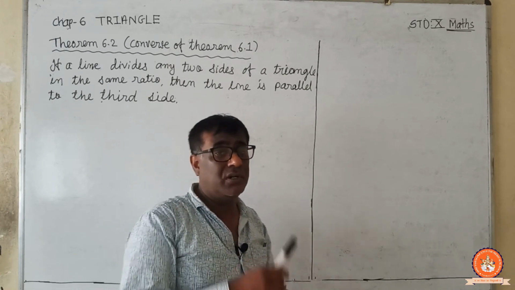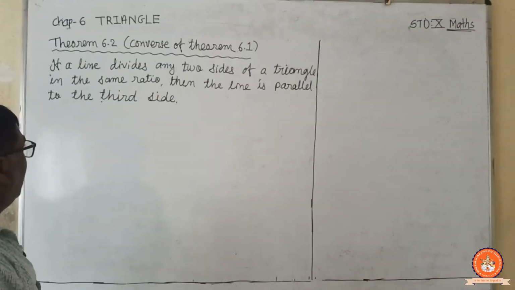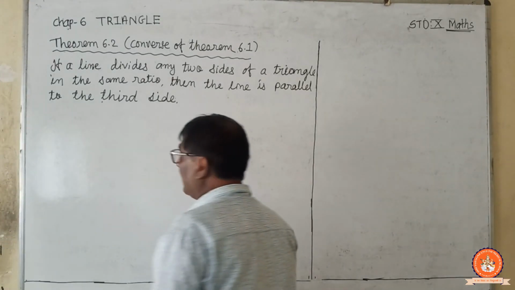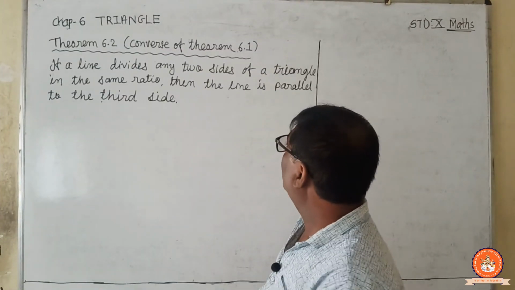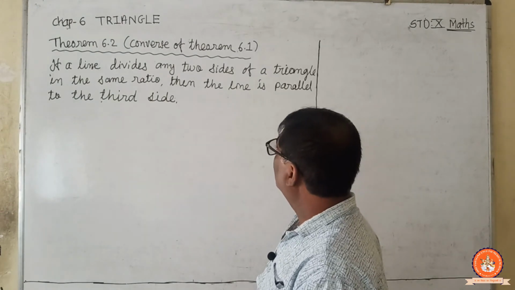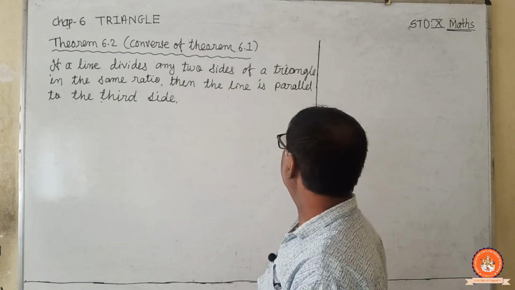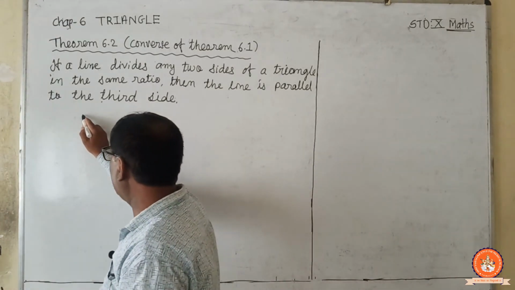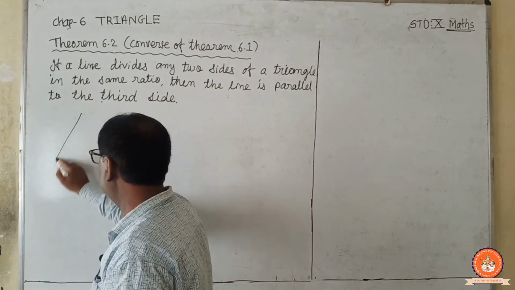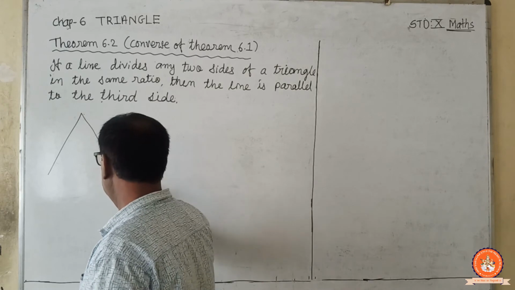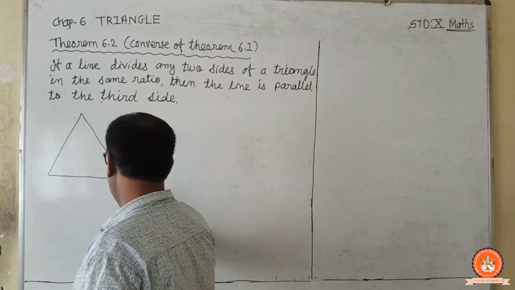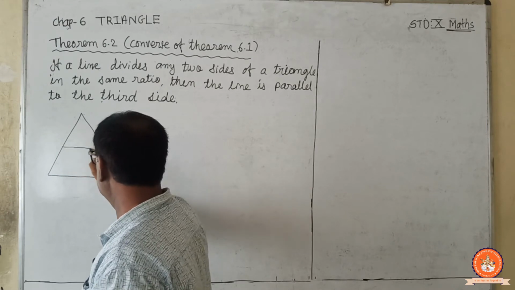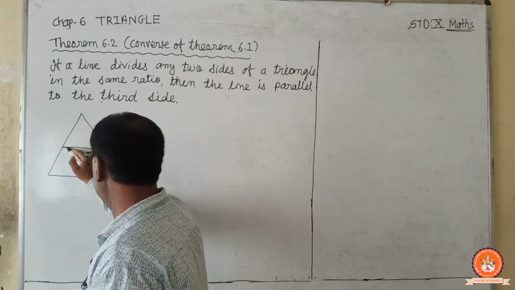If a line divides any two sides of a triangle in the same ratio, look at it. Triangle ABC is here, and a line.